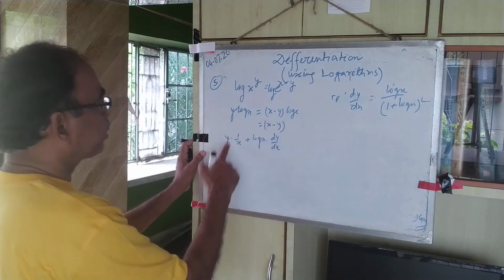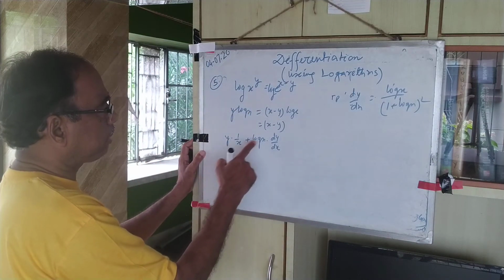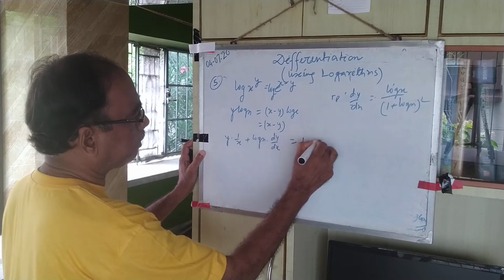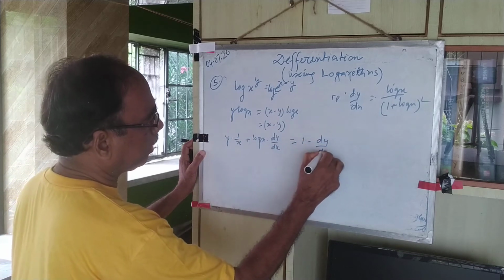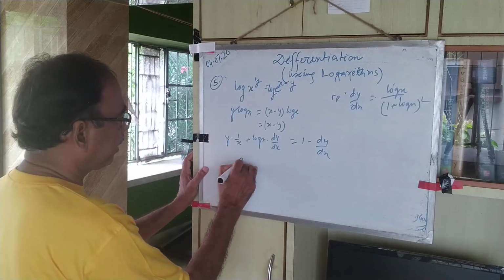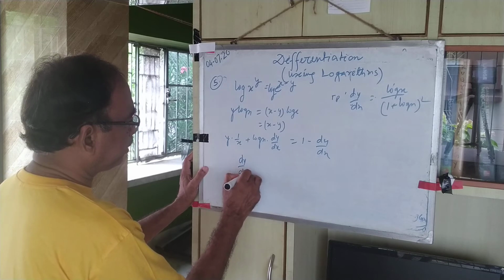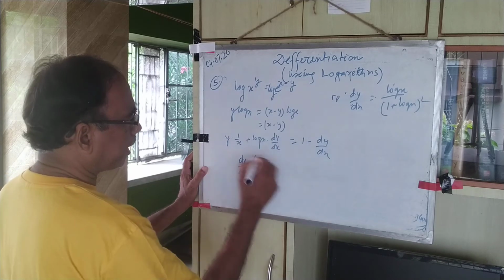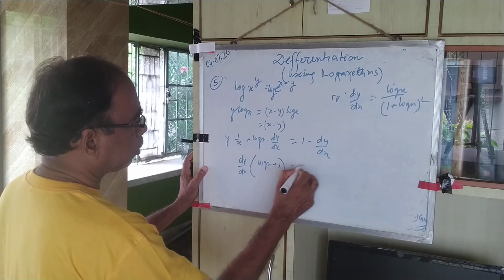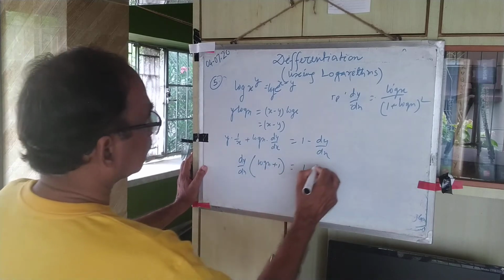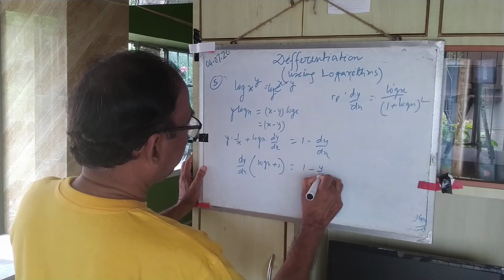Now y constant, log x derivative 1 by x, plus log x constant dy by dx equals x derivative 1 minus dy by dx. Now taking dy by dx to the left hand side, log x plus 1 equals 1 minus y by x.